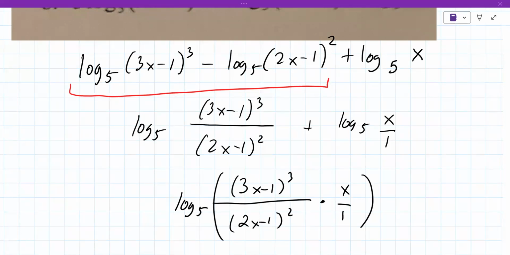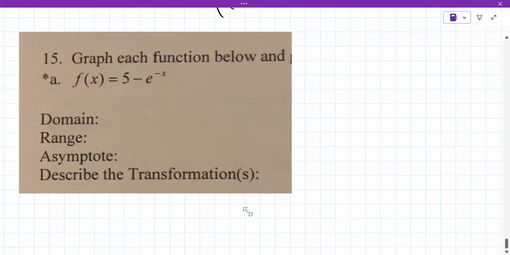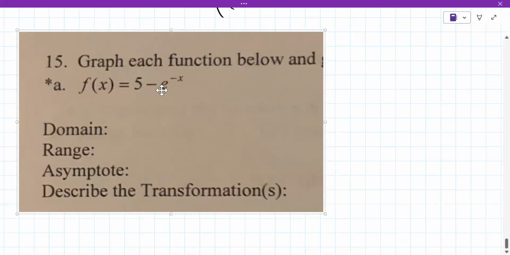Okay, let's look at the next one here, 15. A good thing to do here would be to graph this in the Desmos calculator, just to get an idea of what it roughly looks like.